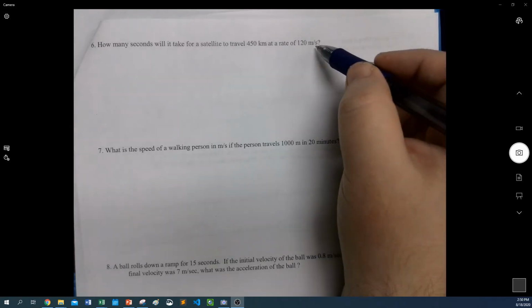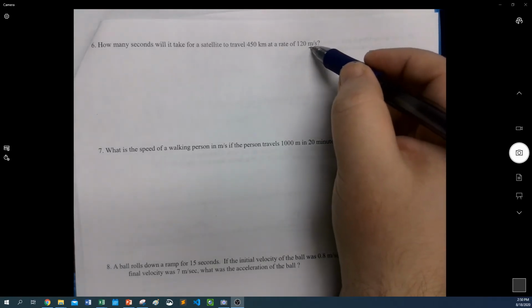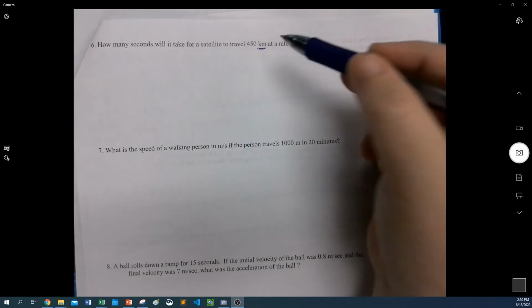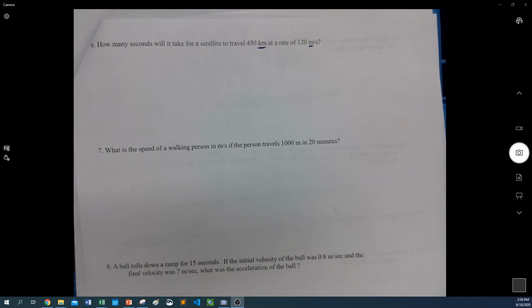How many seconds will it take for a satellite to travel 450 kilometers at a rate of 120 meters per second? Let's look at units. This speed uses meters, but the distance uses kilometers. They don't match.